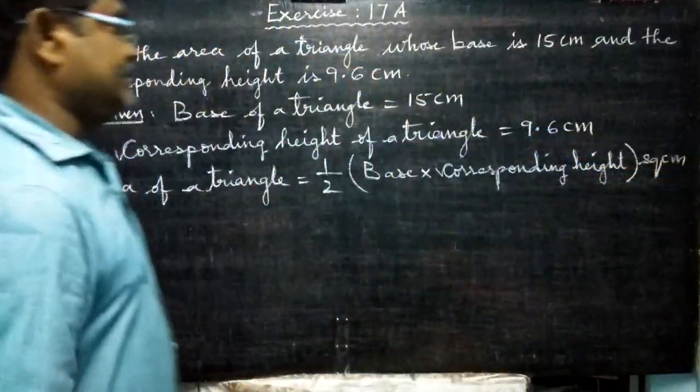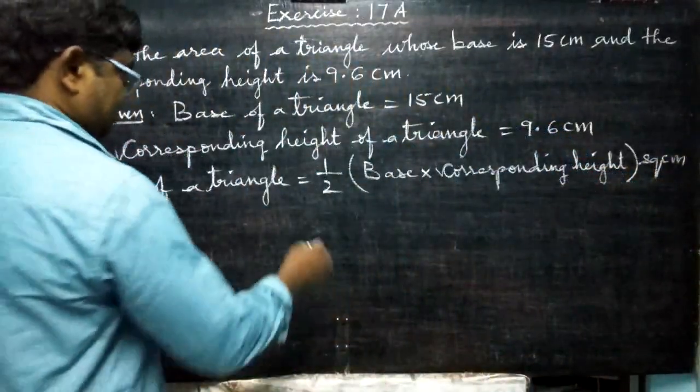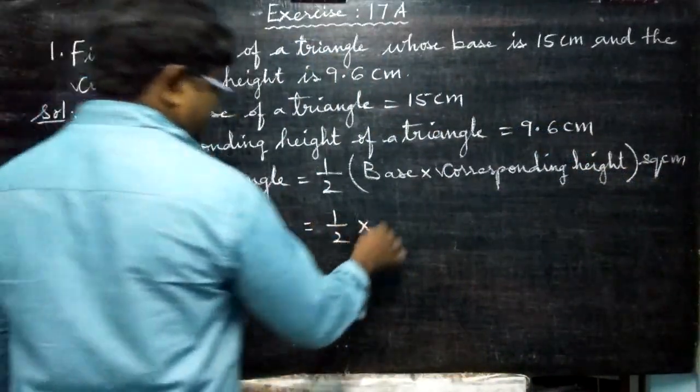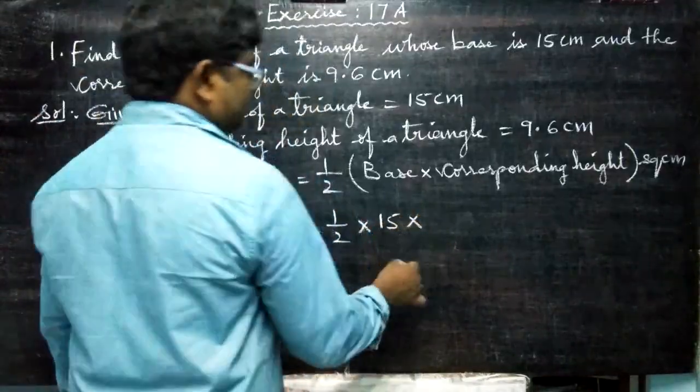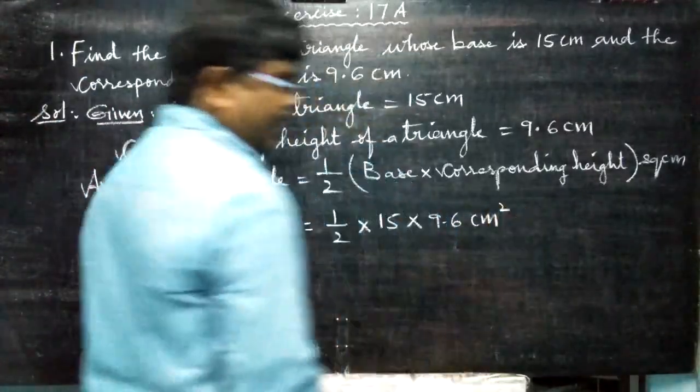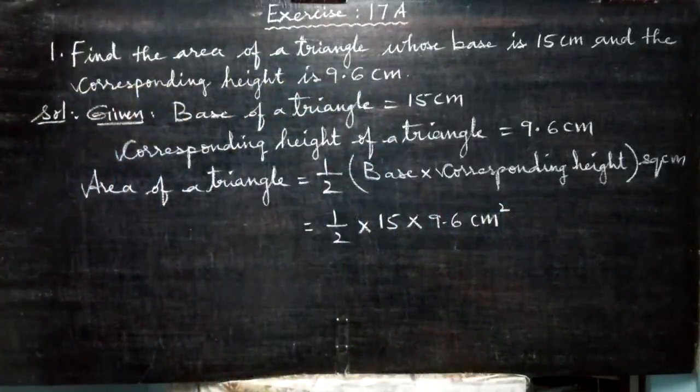Square centimeters or centimeter square is also correct. That is equal to 1 by 2 into base, 15, into 9.6 centimeters square.